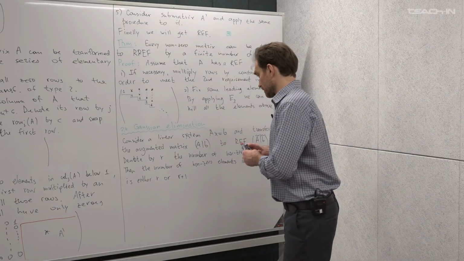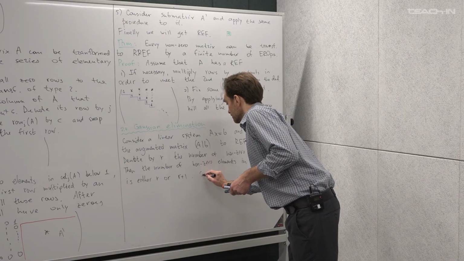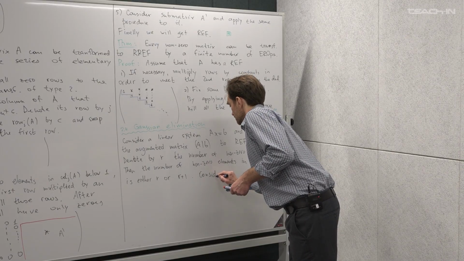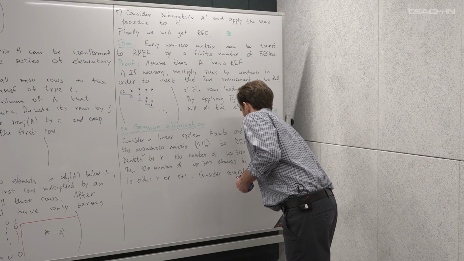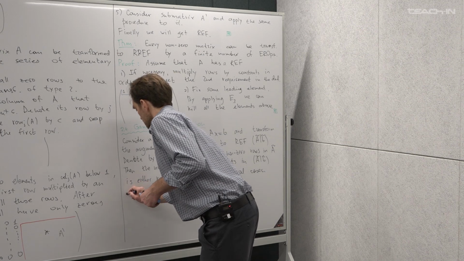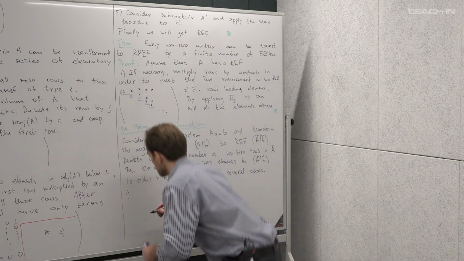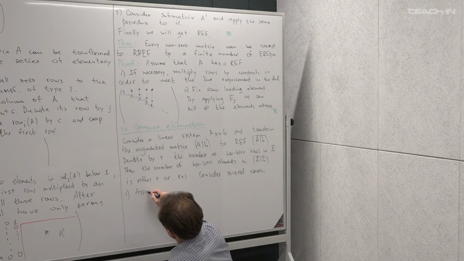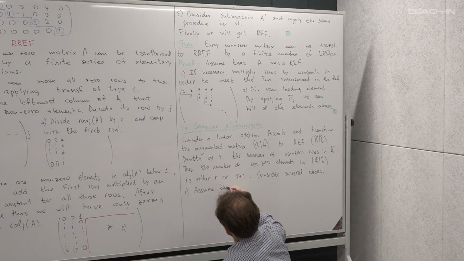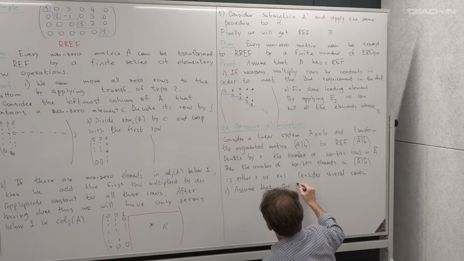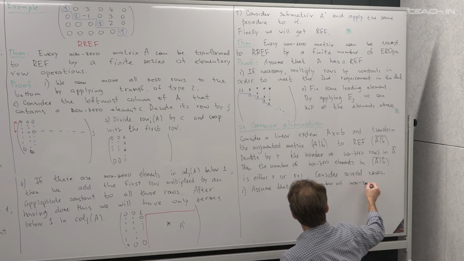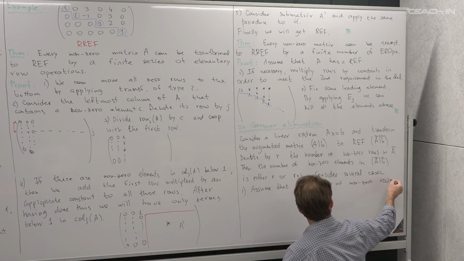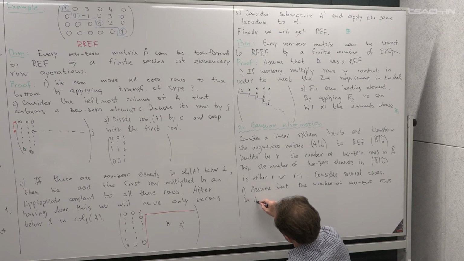Now we are going to consider several cases. So the first case, assume that the number of non-zero rows in A tilde, b tilde is r plus 1.